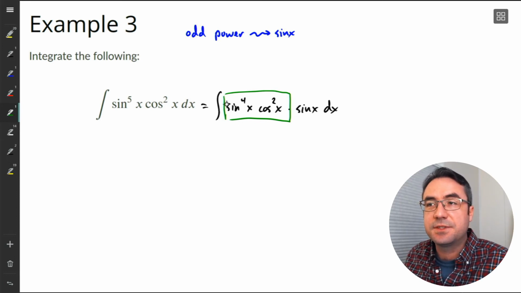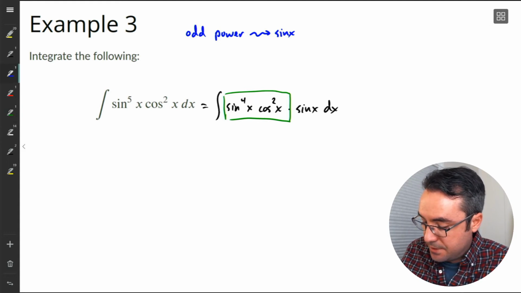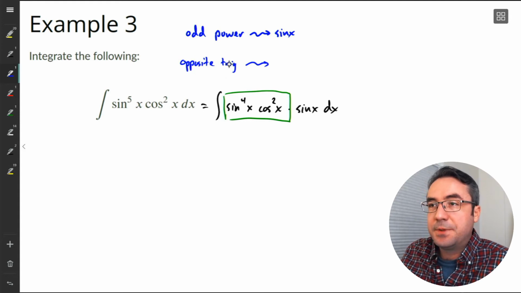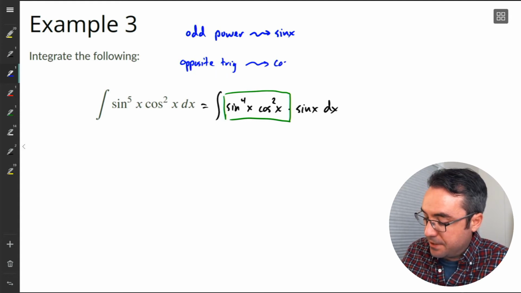We look at everything else, and we want to convert all of this into our opposite trig function. We said sine was our odd power, so our opposite trig function is going to be cosine of x.